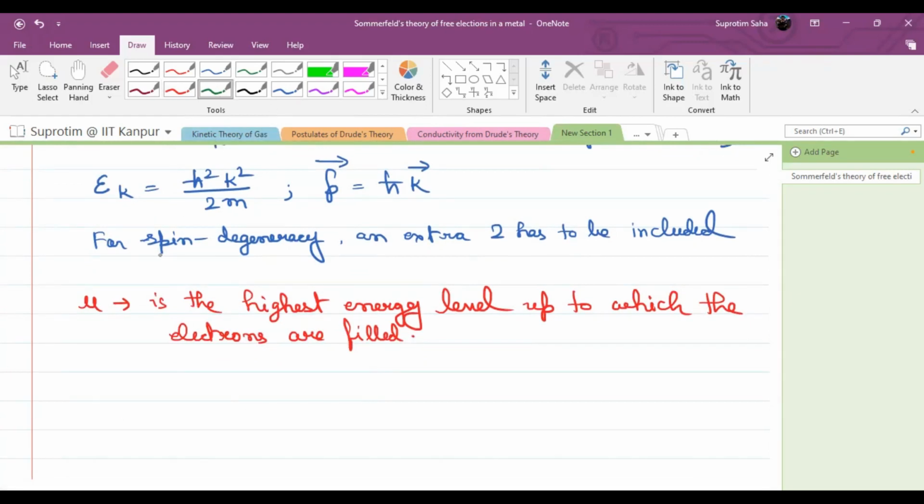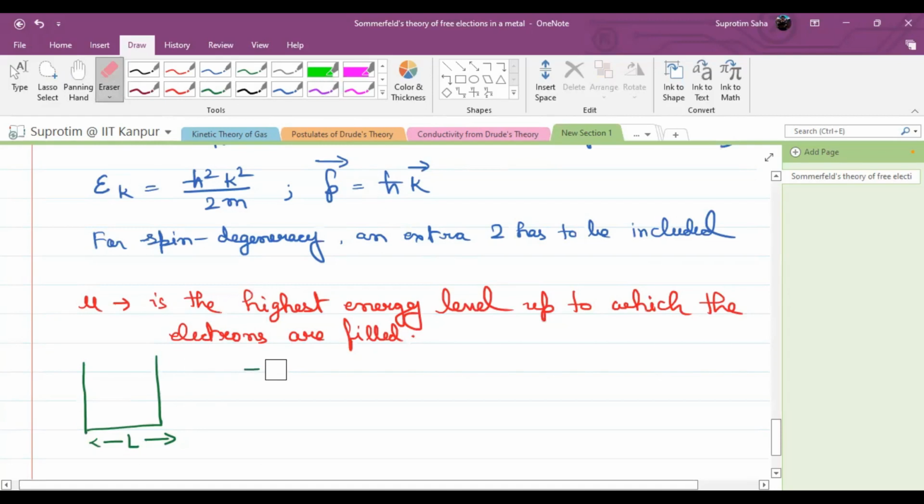This was our picture, that particles, electrons, are trapped in a box of length L, and the energy levels are like this. And your distribution side by side is like this.